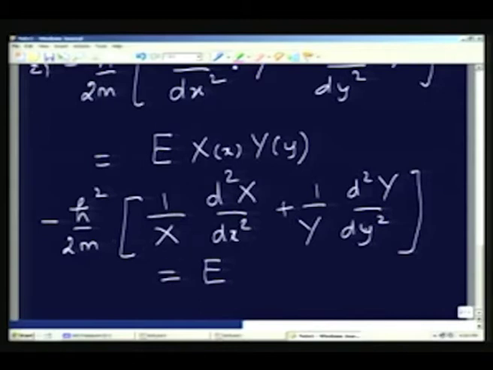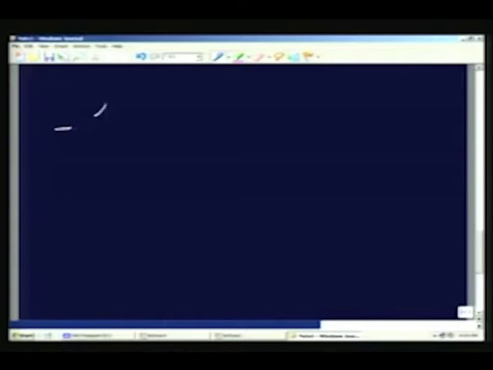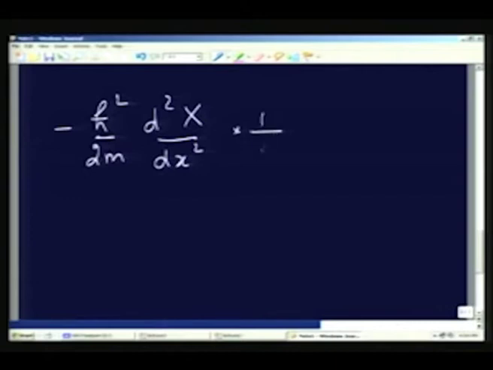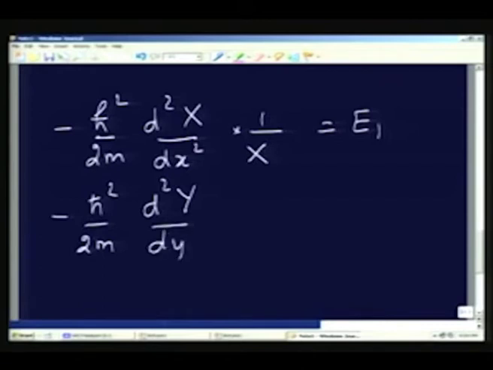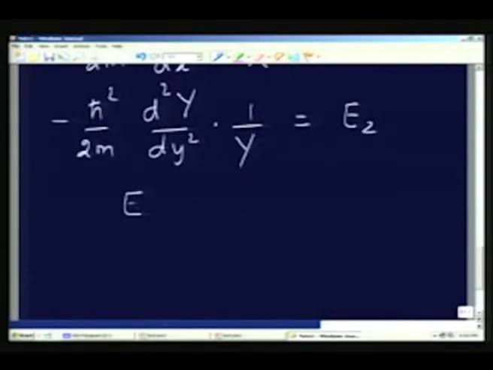Therefore, this equation can be satisfied only when this whole thing is equal to a constant, and this whole thing is equal to another constant, such that the two constants add to give you this value E. Therefore, the equation turns out to be minus h bar square by 2m d square X by dx square, you recall that there is a 1 by X, is equal to a constant E1, and minus h bar square by 2m d square Y by dy square times 1 by Y is equal to a constant E2, such that E1 plus E2 is equal to E, the total energy.